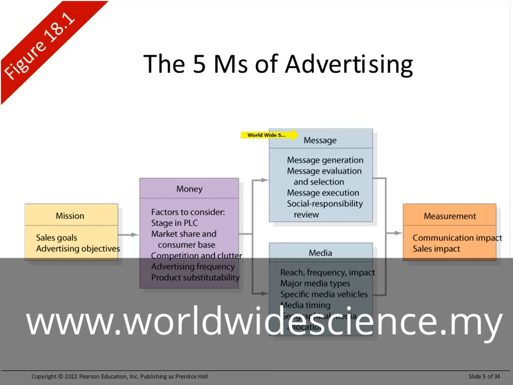compose your message, generate the message, evaluate it and select the message, then execution, which is how you can implement your message strategy, and social responsibility review. What is this? Selection of the message, how you want to implement your message, and how to send the message to your society and public.